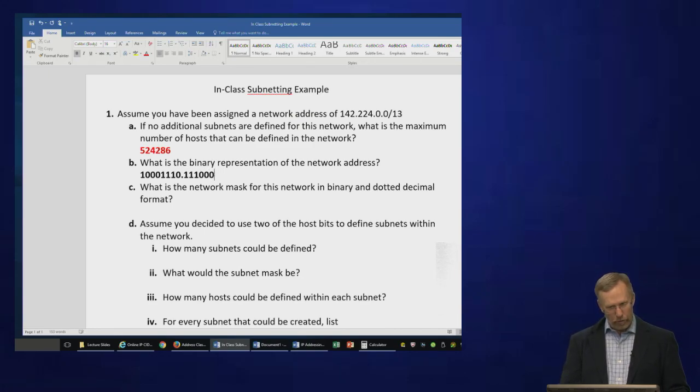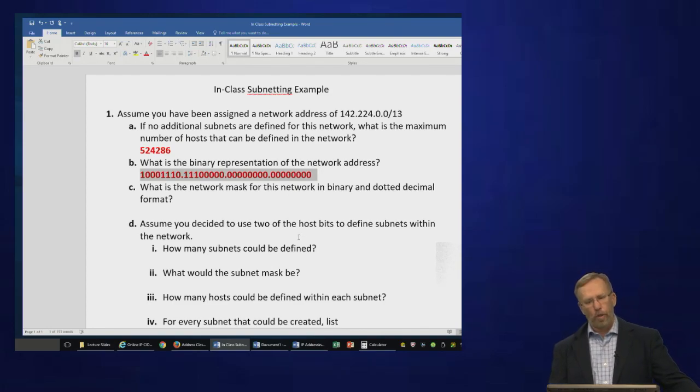So the next 5 bits are 0. And the last two dotted decimal sections are all zeros. So that is our binary equivalent of the network address.